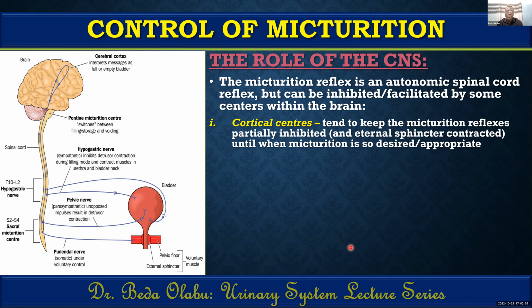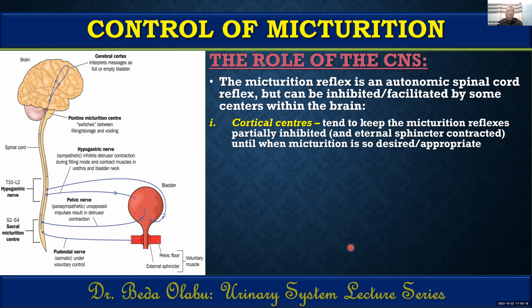For example, the cerebral cortex has control over micturition. The cerebral cortex tends to inhibit the micturition reflexes so that they don't happen. You intentionally inhibit them. Remember, these are voluntary mechanisms.